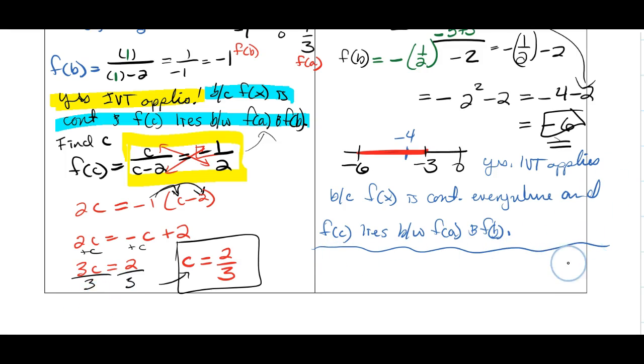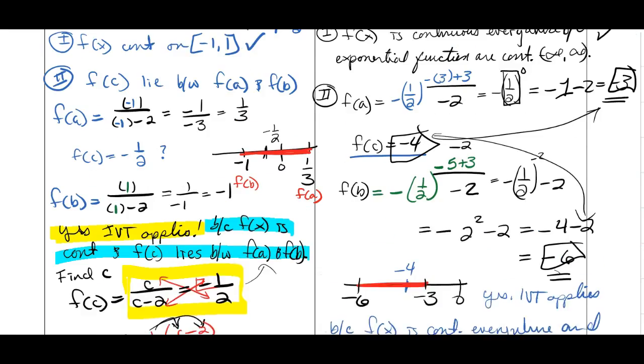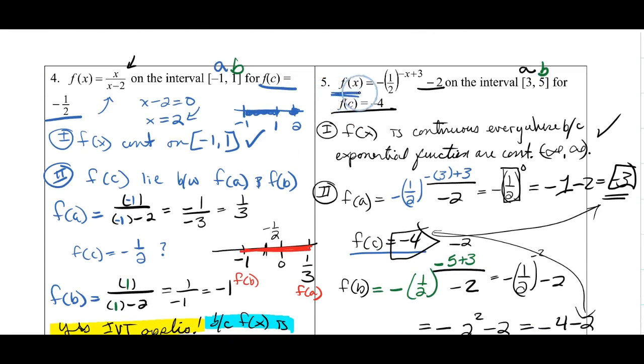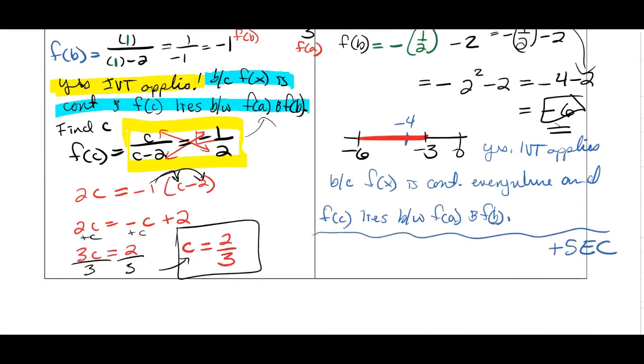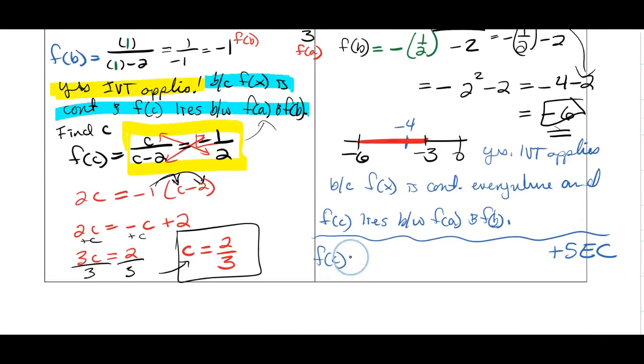I'm going to leave this one for a final plus 5% extra credit. This uses some logarithms. If you'd like to brush up on our logs, we haven't done those for a while, and go ahead and solve for C, we would set this up with our function f of x, we'd make that C. So f of C equals negative 1/2 to the negative C plus 3, minus 2, and I'm told that f of C equals negative 4.